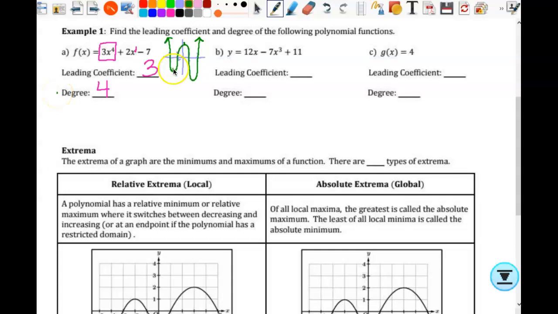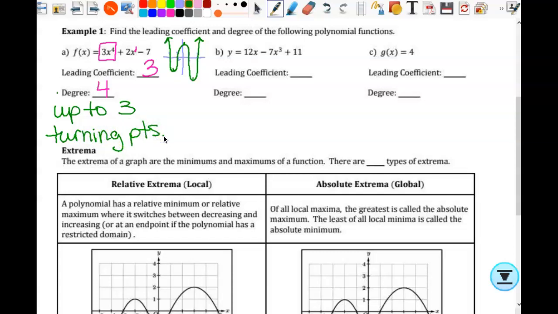This has 3 turning points, okay? Remember, we have a possibility of 4 zeros. I don't necessarily have 4 zeros, so I wouldn't necessarily have 3 turning points. But if I can have at most 4 zeros, then I can have at most 3 turning points, okay? So I can have up to 3 turning points. Does that make sense to you?